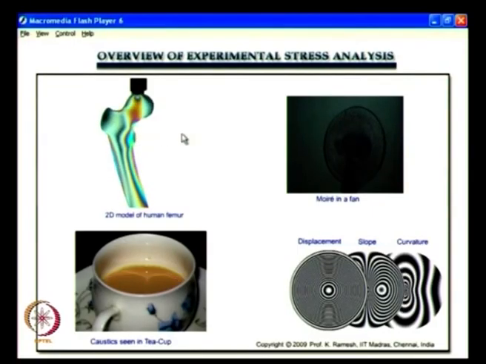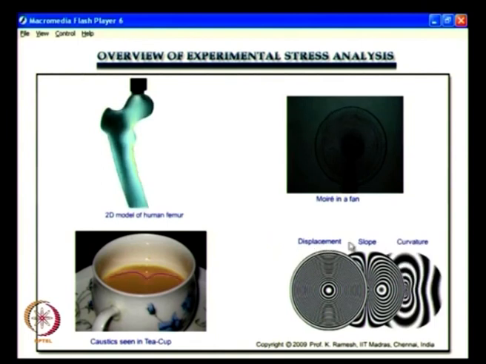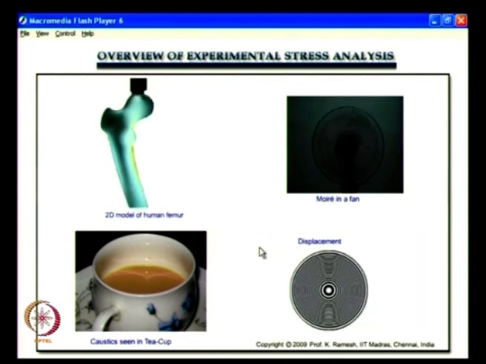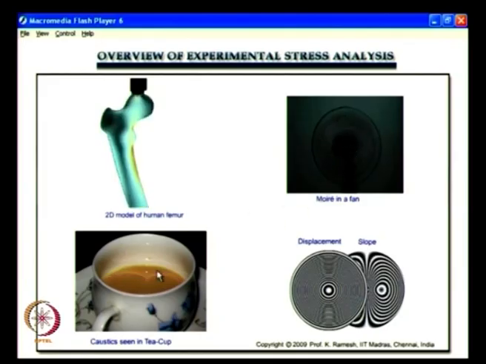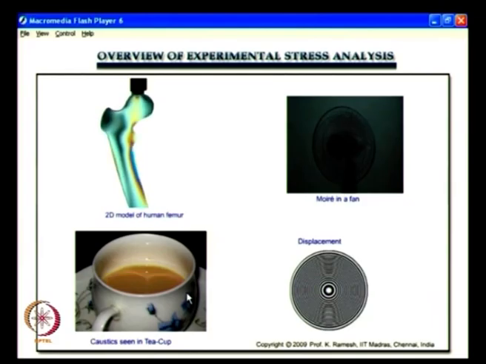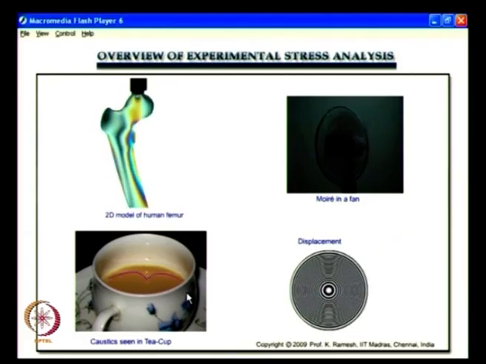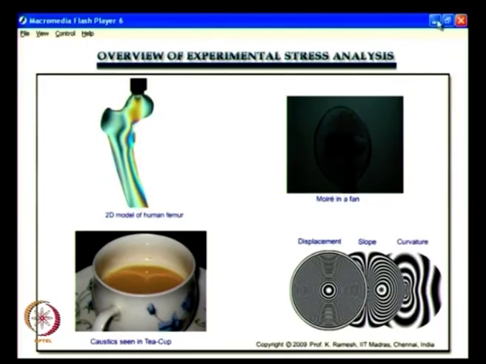So, what is emphasized here is, when you have experimental stress analysis, I can measure stress information, I can measure displacement information, I can also measure strain information, though it is not shown here. And for each of the experimental techniques there is a physics behind it. So, you need to appreciate the physics, understand how this physical information is exploited, and that is what we are going to see in the lectures to follow.